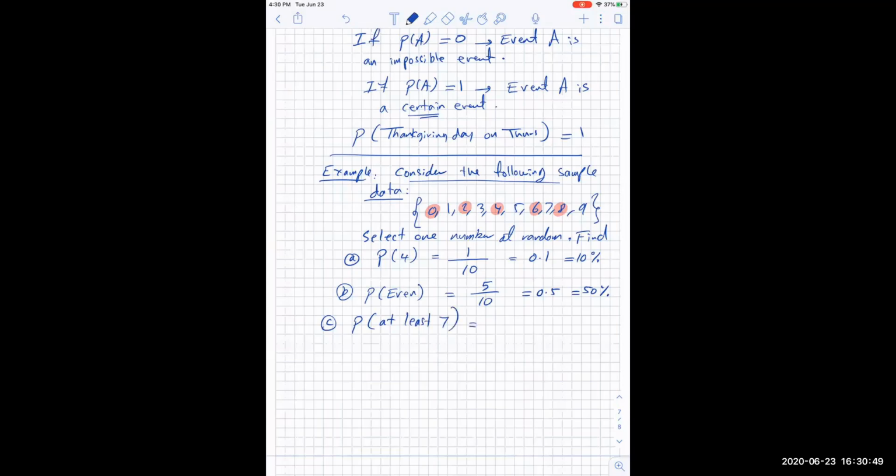How many numbers in the set fall under this event, or this description, at least 7? 7, 8, and 9, right? 3 numbers. So 3 out of 10. 30%.